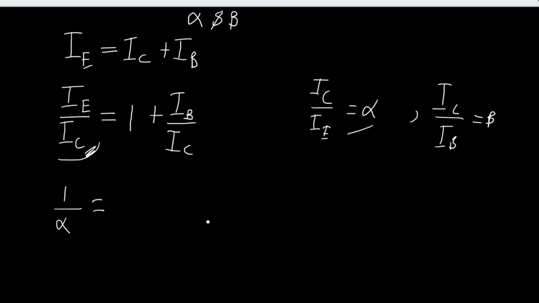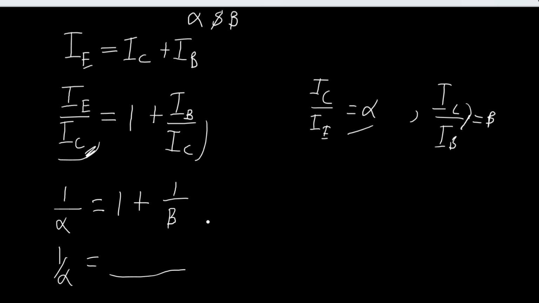So 1 over alpha is equal to 1 plus, this is the inverse of this. So for that reason, we're going to be writing 1 over beta. Okay, now let us make this right hand side a proper fraction. We just want to have a common LCM. So we can then say that our 1 over alpha is equal to our common LCM.